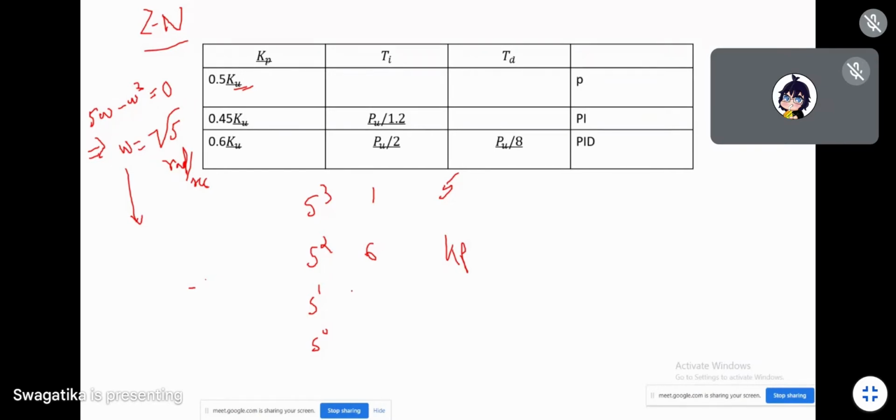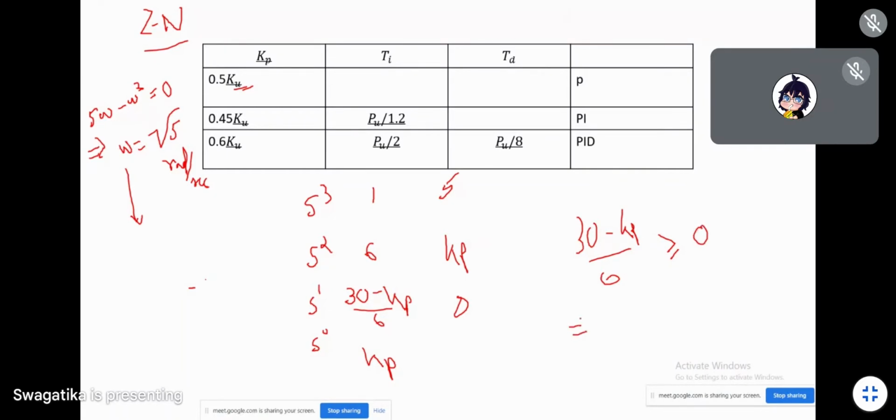So this will be 6 into 5, 30 minus Kp divided by 6, and this will be 0. So the remaining is Kp, right? Now to find out the ultimate gain, you have to make this auxiliary value equal to 0.